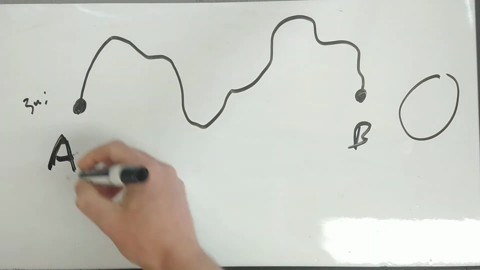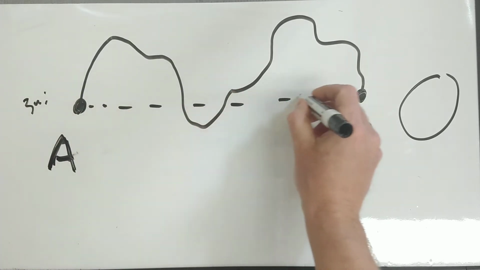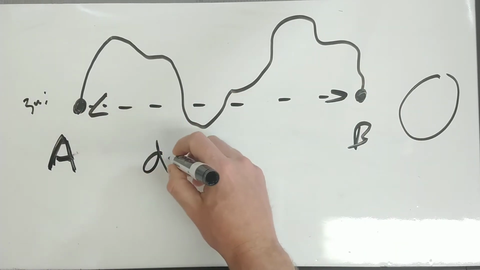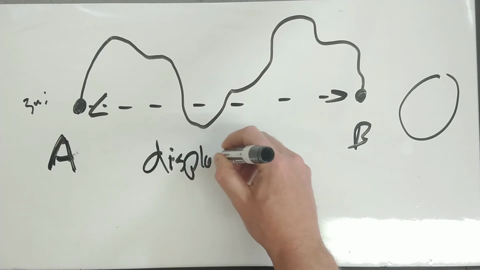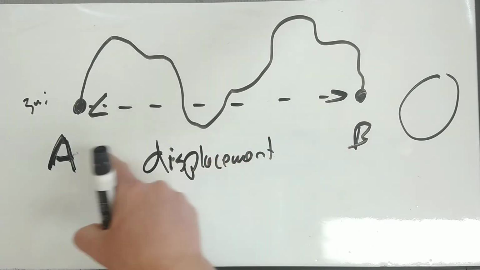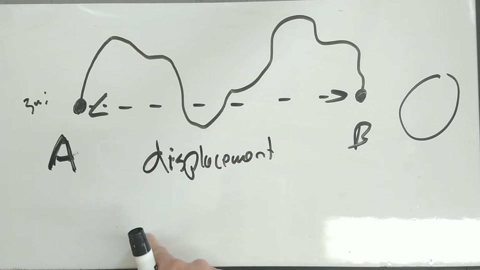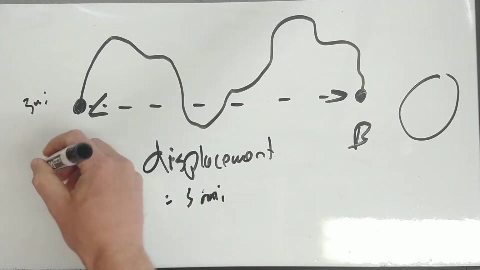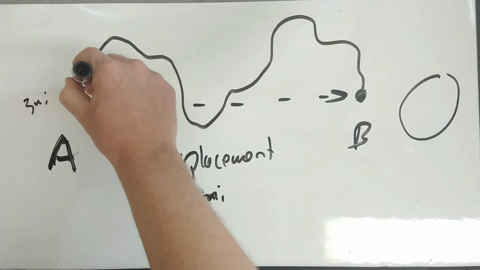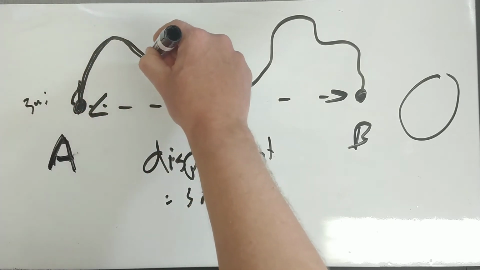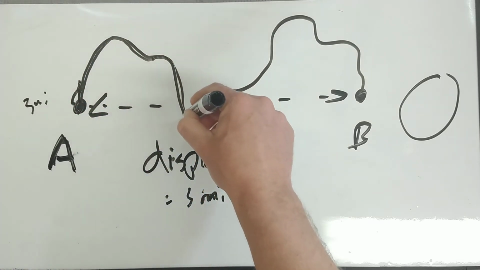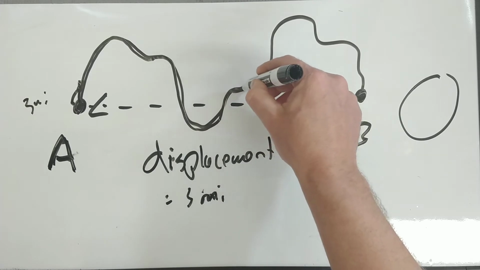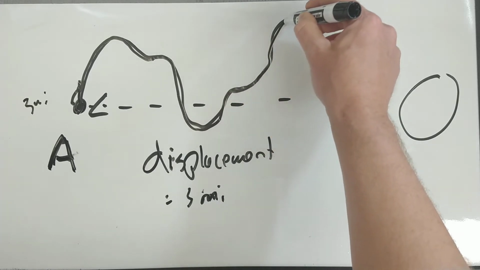So the actual displacement here, which is the overall net change in position, was 3 miles. We set off on the hike, and it was a beautiful hike, but we weren't planning on being out that long, and it ended up being pretty darn long.